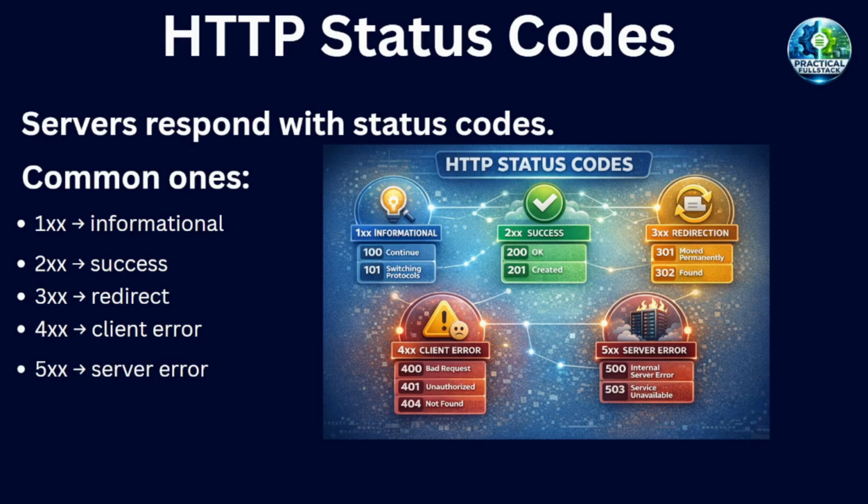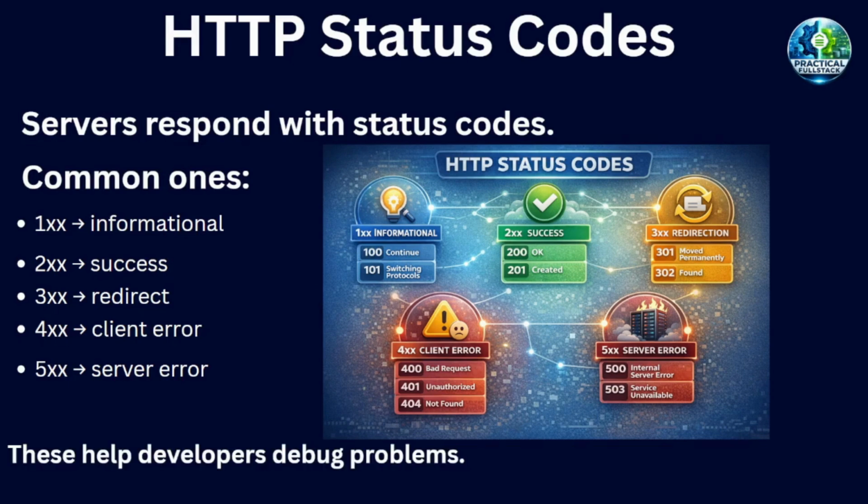Finally, codes starting with 5 indicate server errors. This means the problem occurred on the server side. Examples include 500 Internal Server Error and 503 Service Unavailable. These status codes help browsers and developers understand what happened when a request was made.